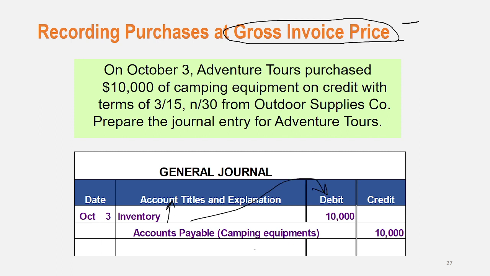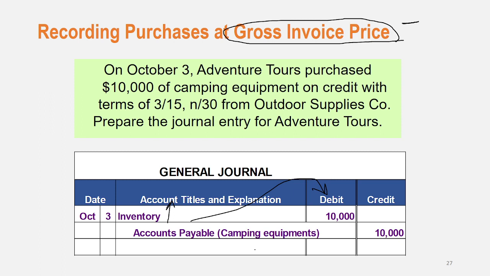The next account is accounts payable, and this account represents the amount Adventure Tours owes to Outdoor Supplies Corporation for the camping equipment purchased on credit. Since Adventure Tours hasn't paid for the equipment yet, we buy it and pay for it later.